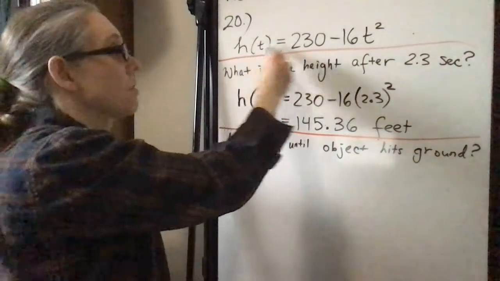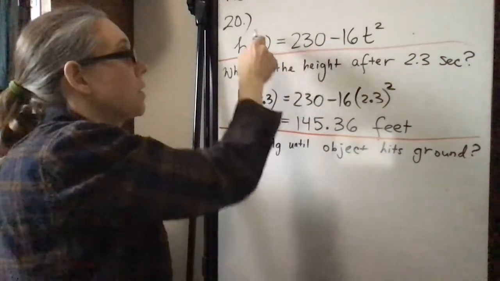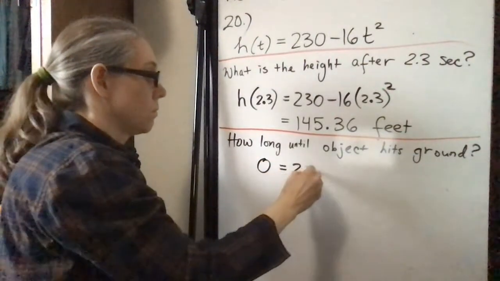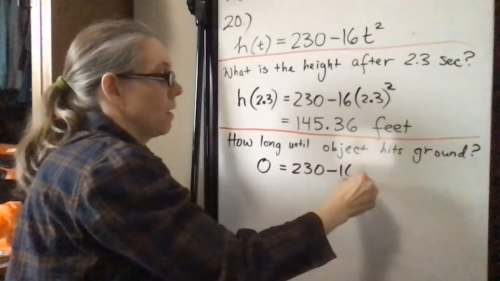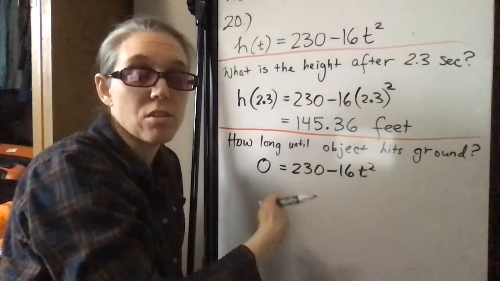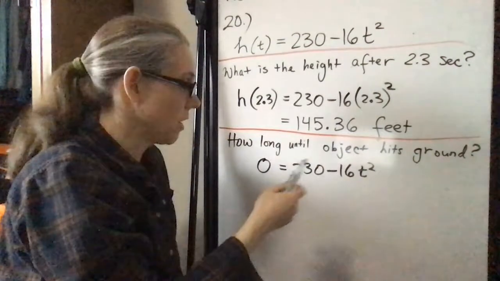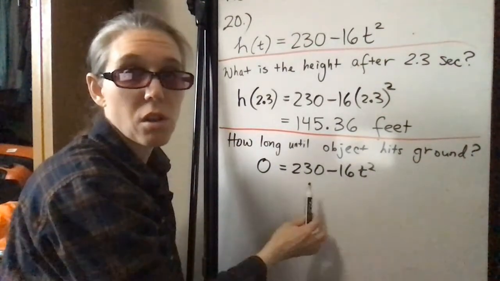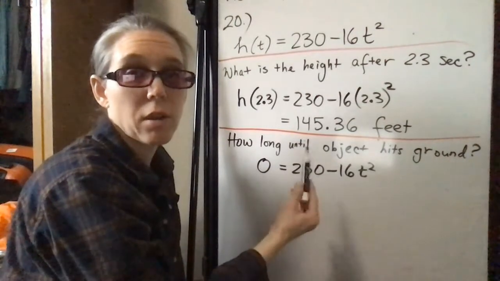So we're going to take this original equation right here and replace height with 0. And because this object is dropped, it does not have an initial velocity of anything other than 0, which is nice because it's set up for you to solve using the square root property.